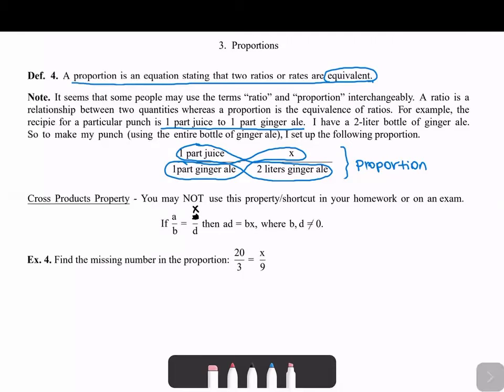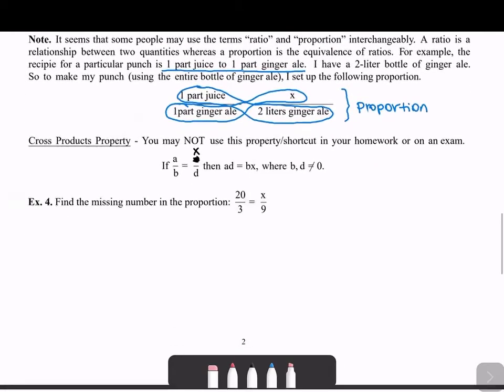So we want to minimize these tricks and write out all of the work. So that being said, if you're doing this on the exam that's coming up, you need to show this process the long way. And here is how I would want you to show that process.